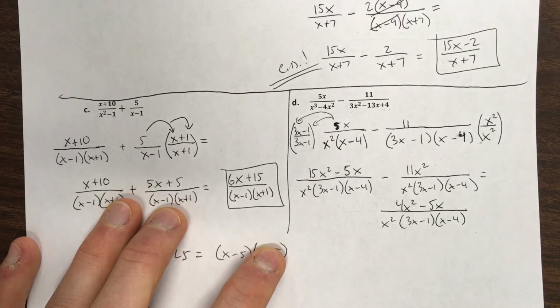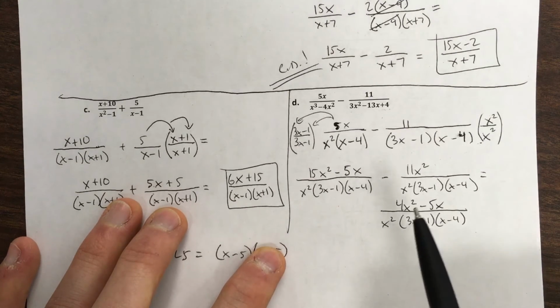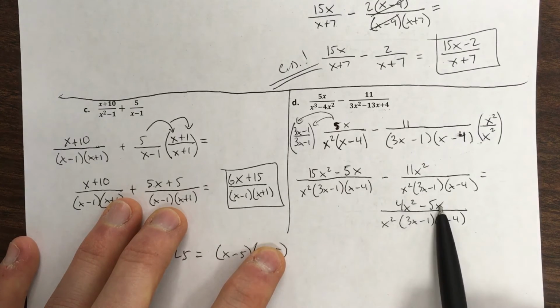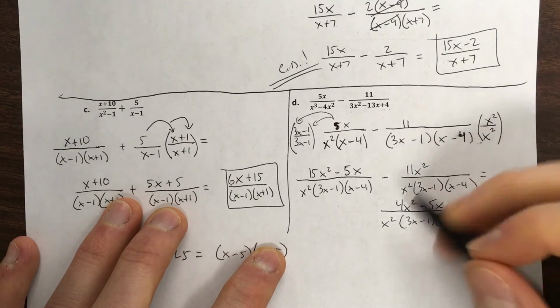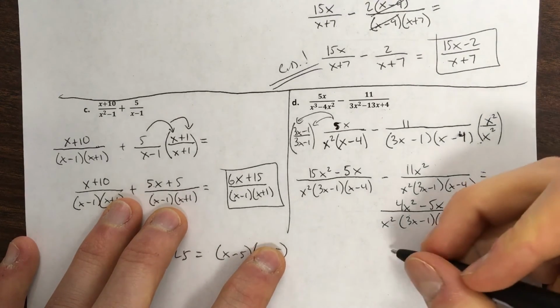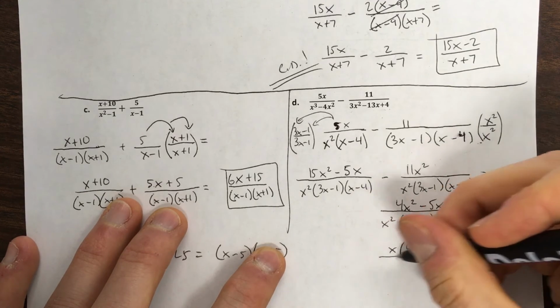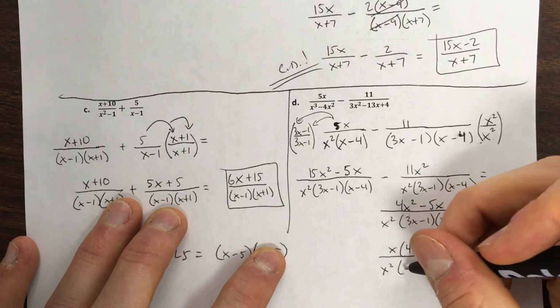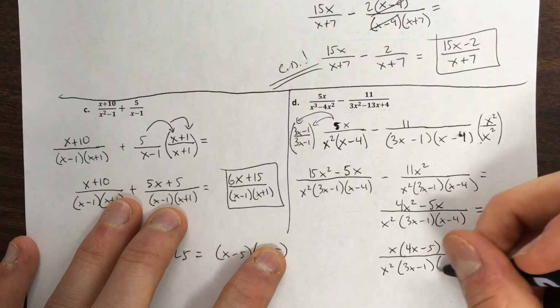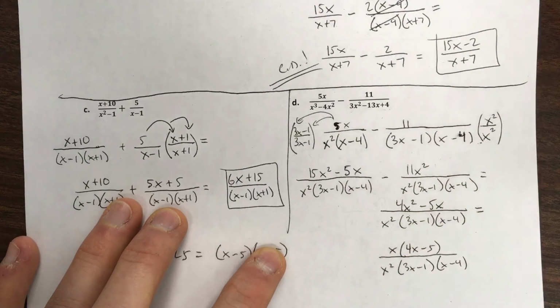Now what we need to be careful with is simplifying fully. If you look in the numerator, we have x squared and x. We can factor out an x here. They both have an x in common. And what's actually going to happen here is that you have an x in your numerator and x squared in your denominator.